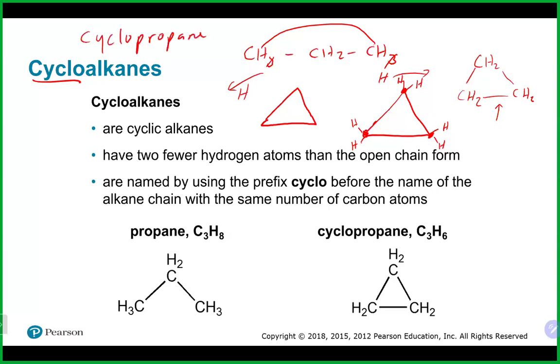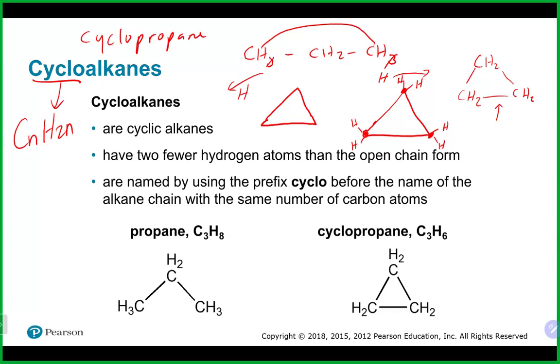You basically just put cyclo in front of it. These have a general formula of CnH2n. It does not have the +2 because they lose those 2 hydrogens when they close up. So they will have 2 fewer hydrogens than the straight chain alkane, because they sacrifice them when they close up.